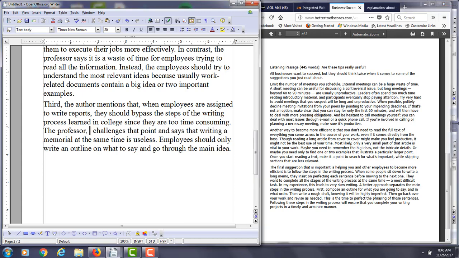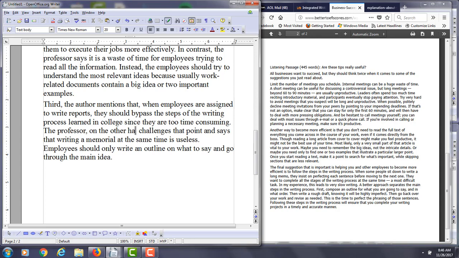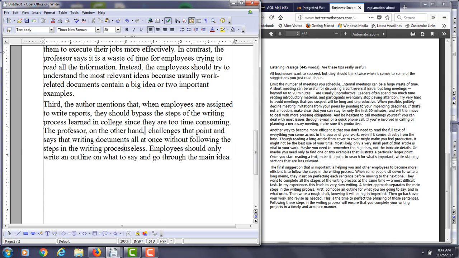So the professor, you might say, on the other hand, challenges that point and says, so writing documents all at once without following the steps in the writing process, as it says, it leads to very slow writing.